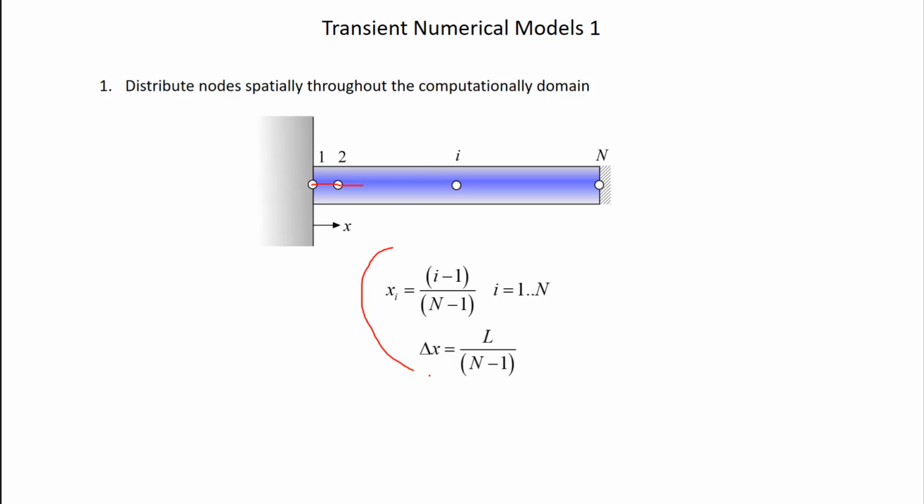This is the equation that corresponds to that distribution: x sub i is (i minus 1) divided by (n minus 1) times L. If i is equal to 1, that says x is equal to 0. If i is equal to n, that says I'm located over here at the tip. The distance between every node is given by this equation here, where I've broken L up into n minus 1 little steps.